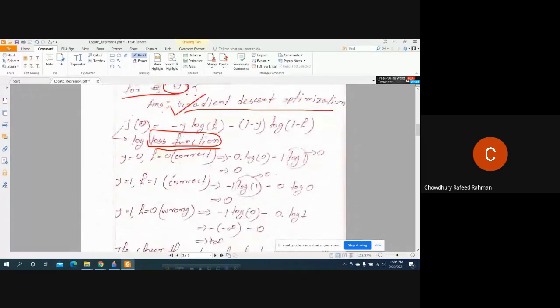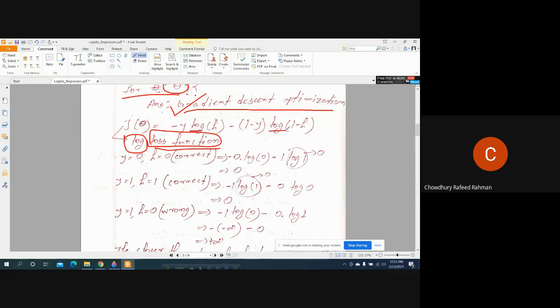Okay, so let us go through this loss function first. There are many sorts of loss functions which we shall see in later classes, but today we shall see one loss function, the name of which is log loss. Why is the name log loss? We can see very clearly that there are many logs here.